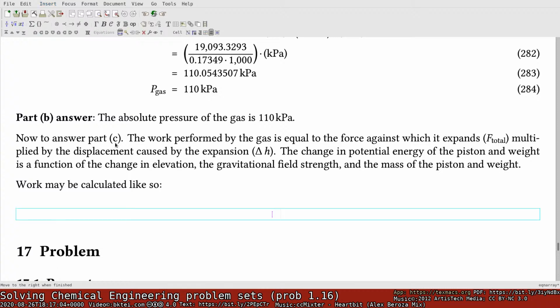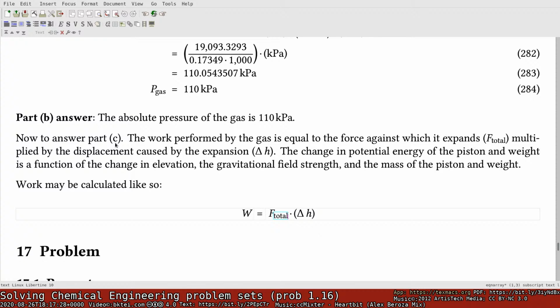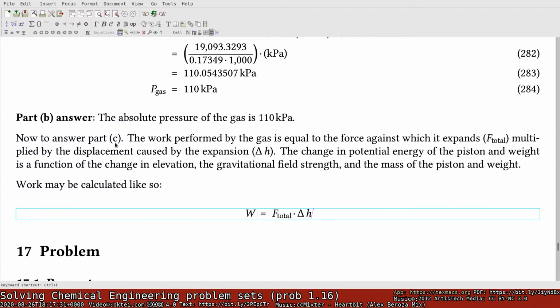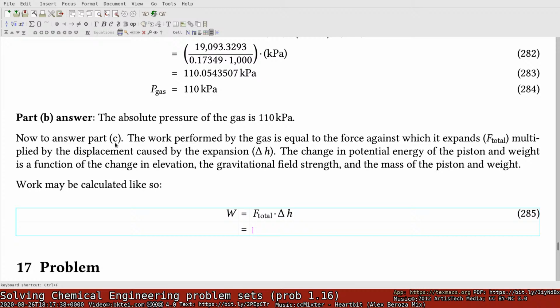Work is equal to force times distance, and the distance we're talking about is actually the delta H. The force we're talking about is F total. Then it's just plug and chug, I guess.